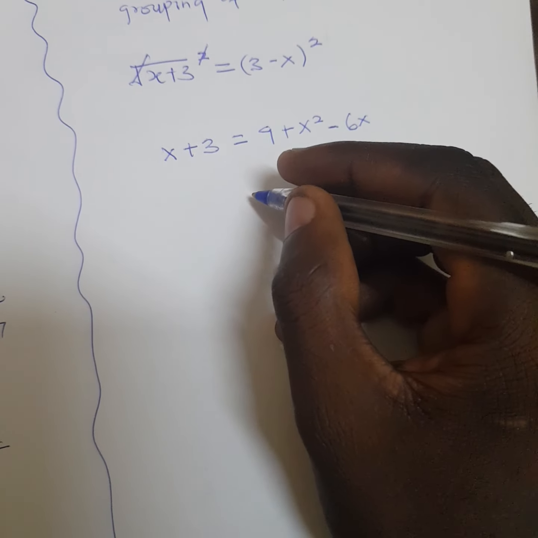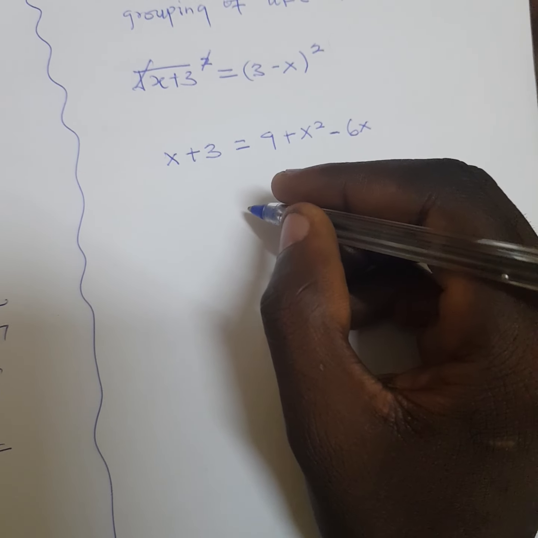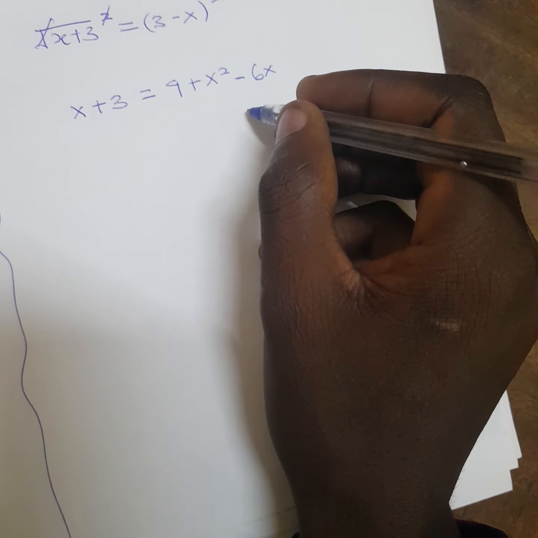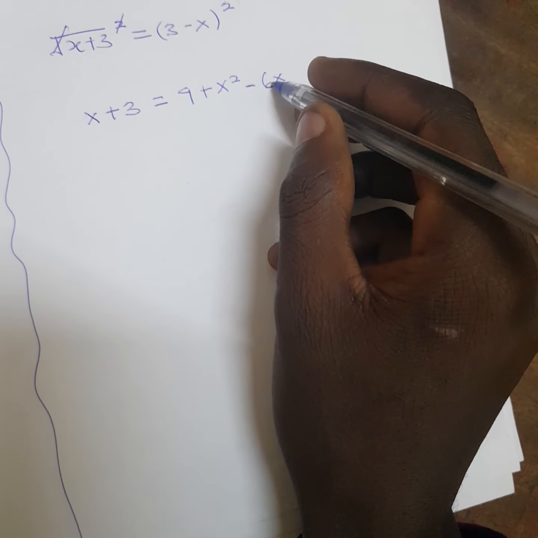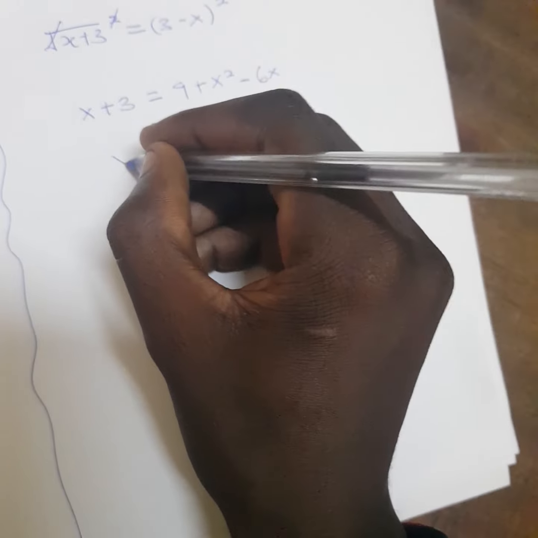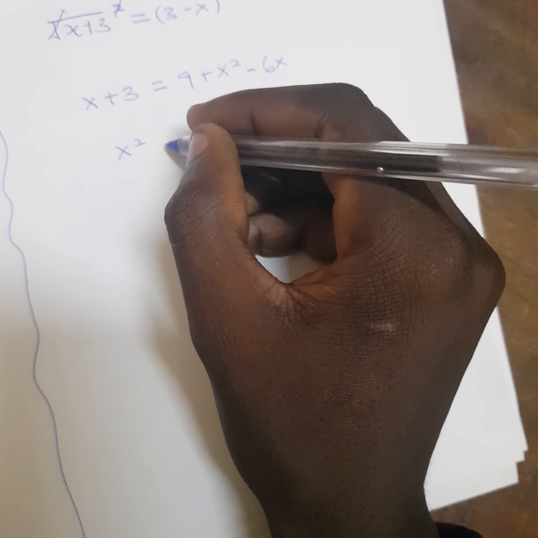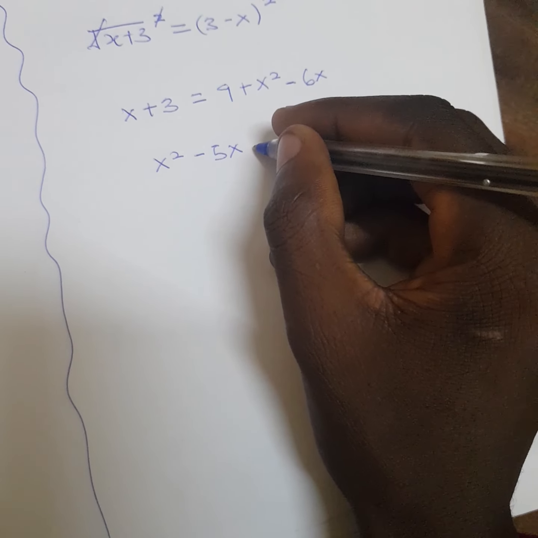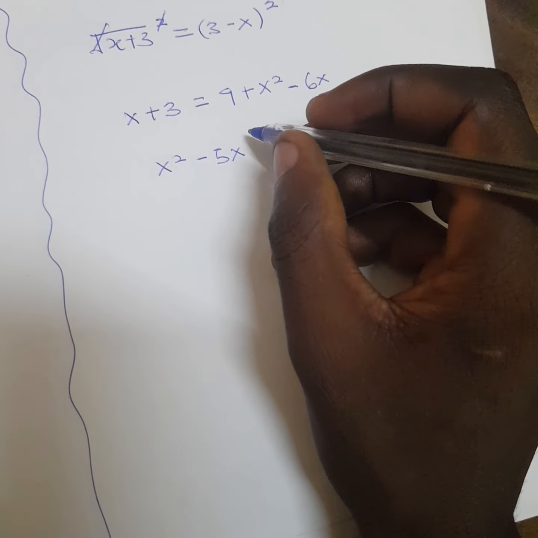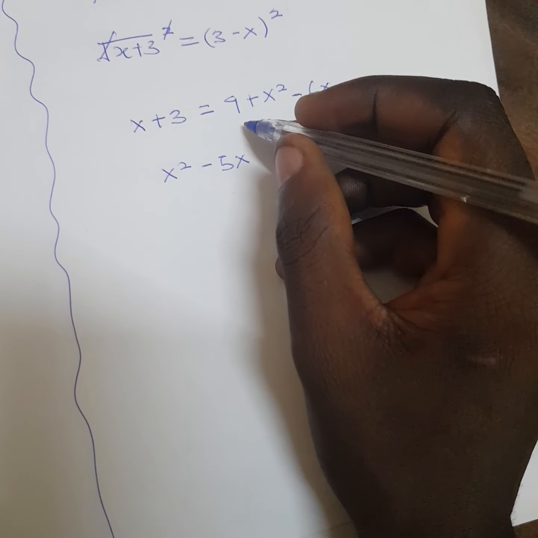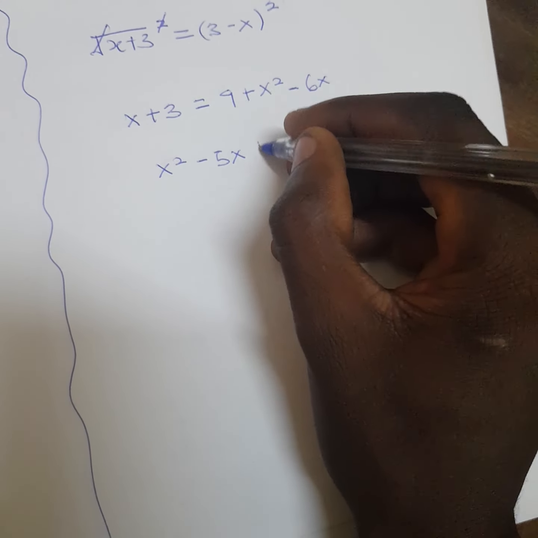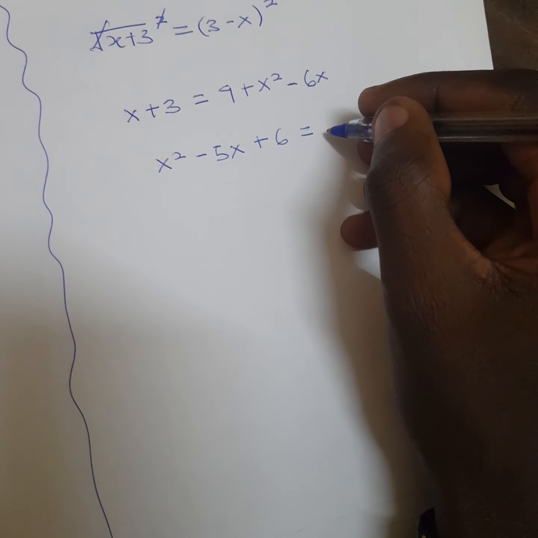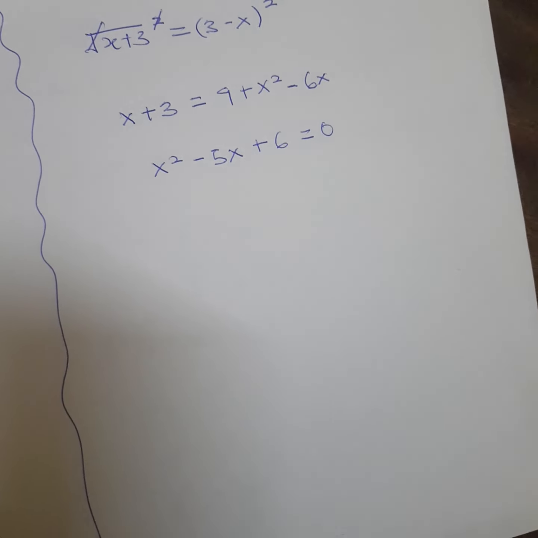So writing this, regrouping like terms again to solve this equation for x, what you get is x squared minus 7x plus 6 is equal to 0.